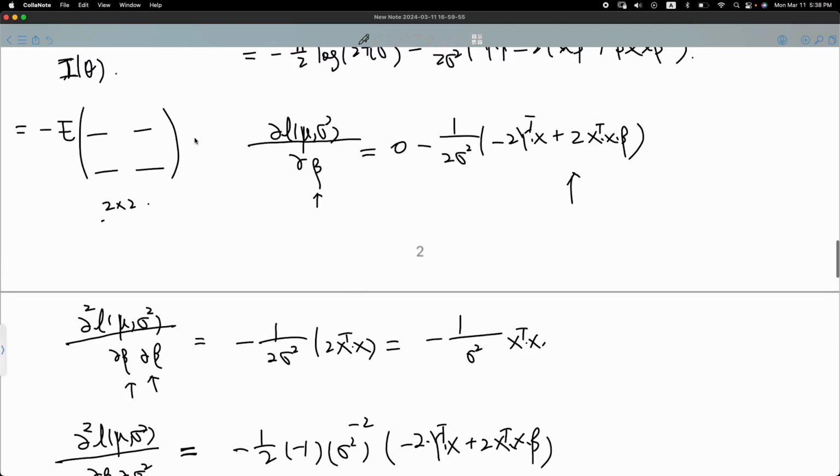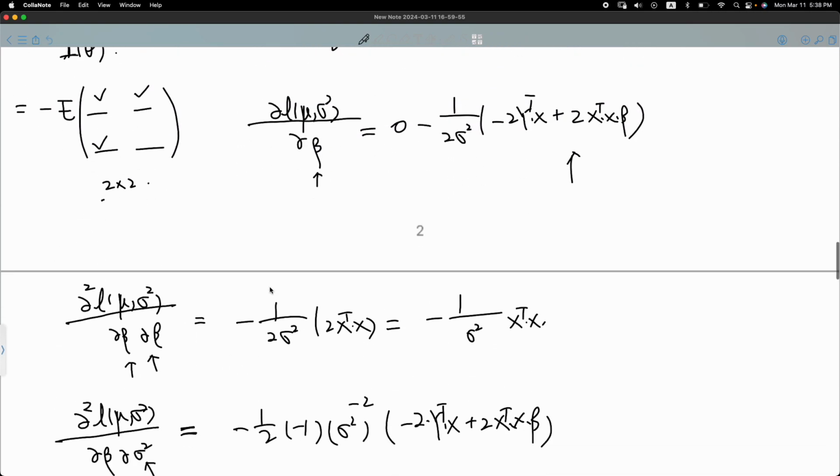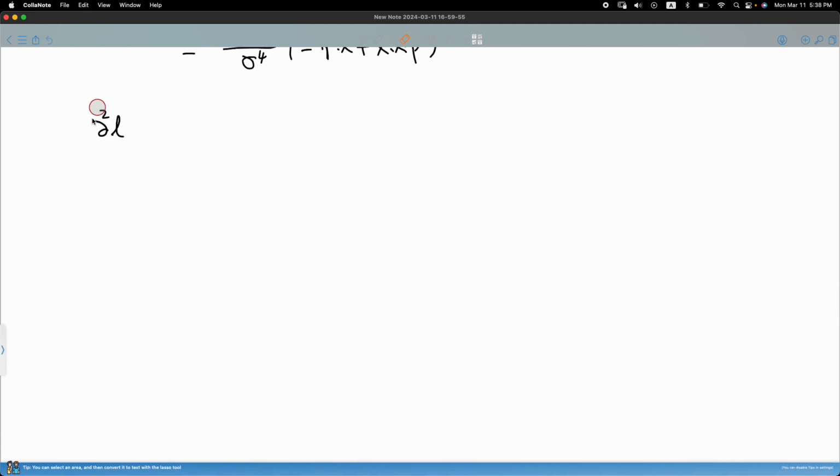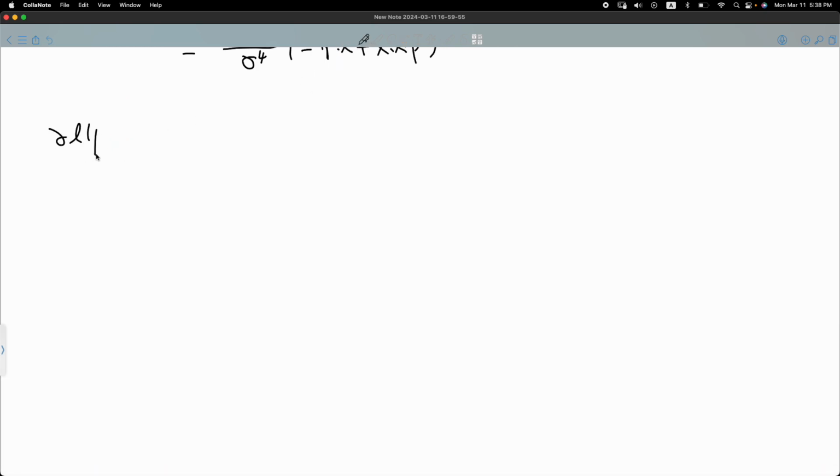Okay, so we have the 1-1 entry taken care of, and the 1-2 and the 2-1 entry. So we're only missing the 2-2 entry. For that, we need to take the derivative of that with respect to sigma square.